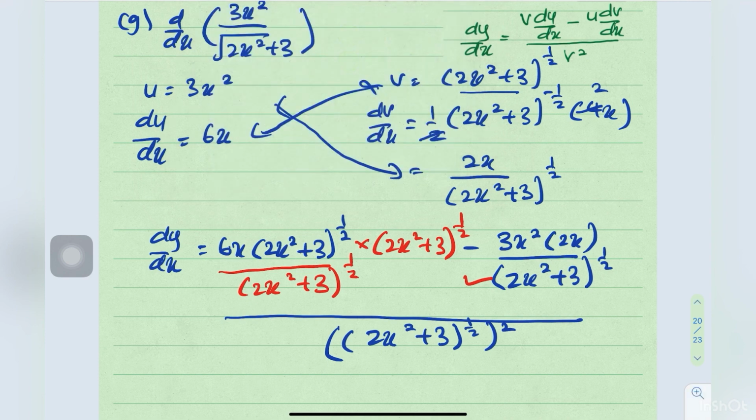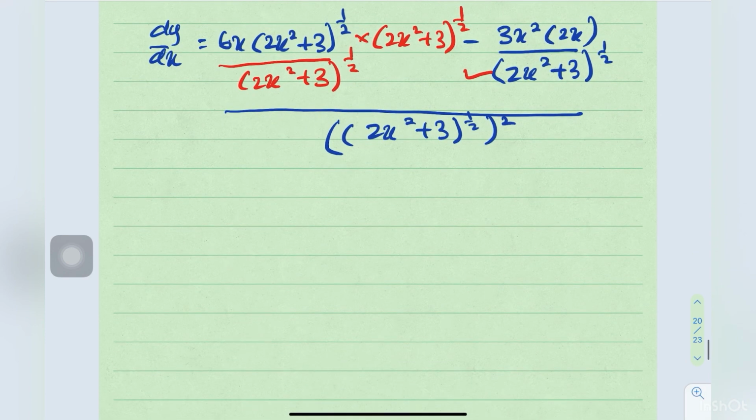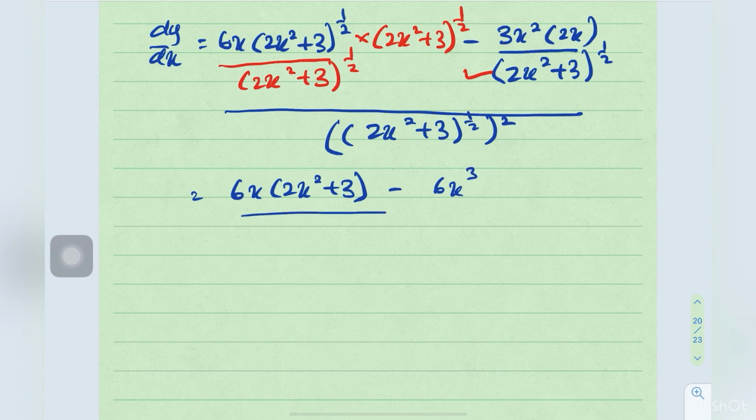Okay, then we simplify. Here we have 6x times (2x squared plus 3) to the power of 1, minus 6x cubed, over (2x squared plus 3) to the power of 1/2. This one you can simplify, times 1 over (2x squared plus 3) to the power of 1.